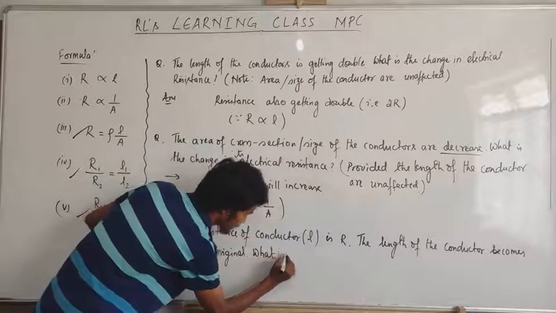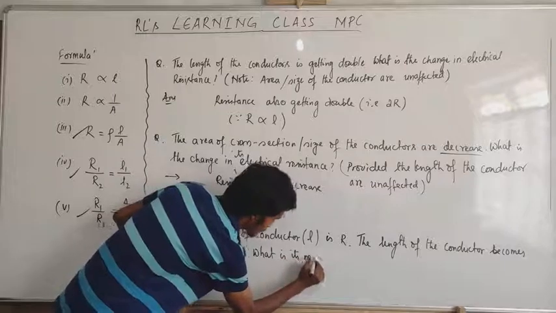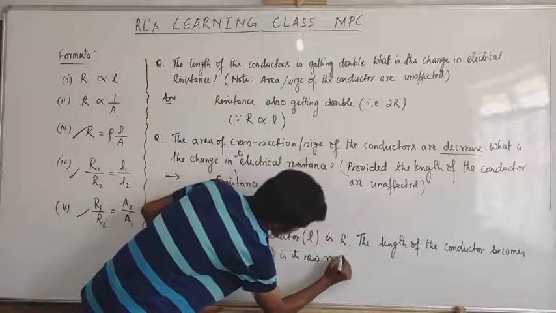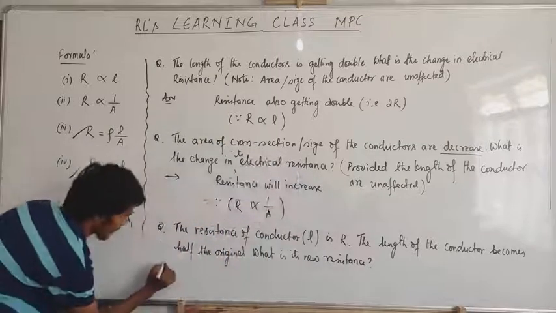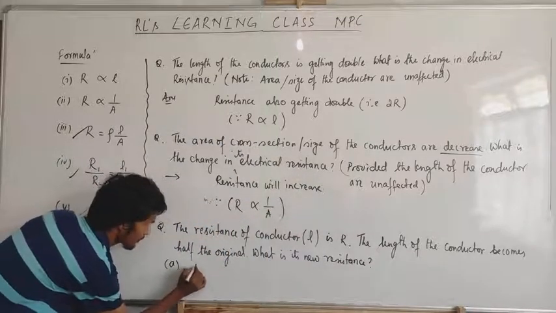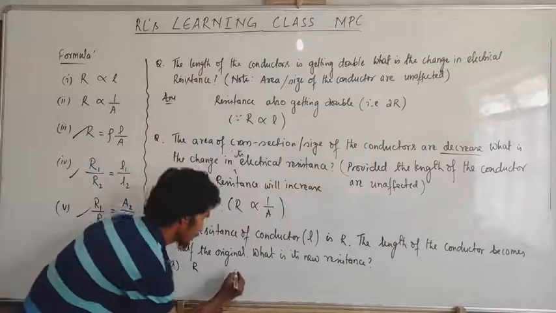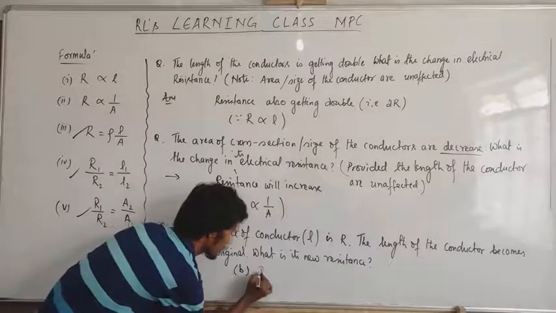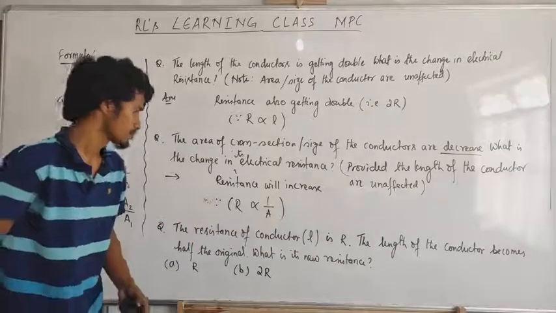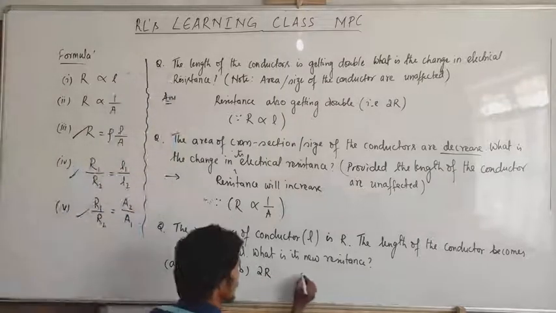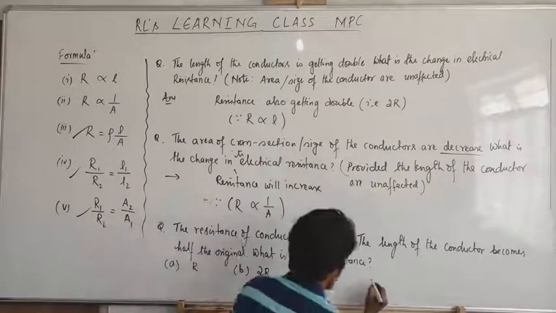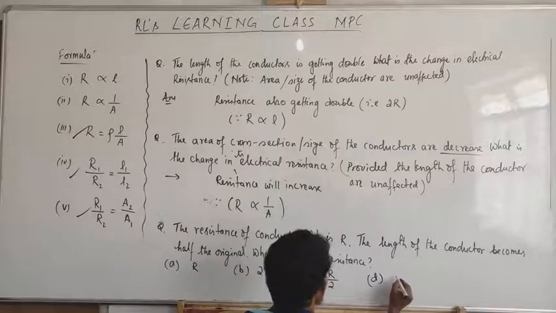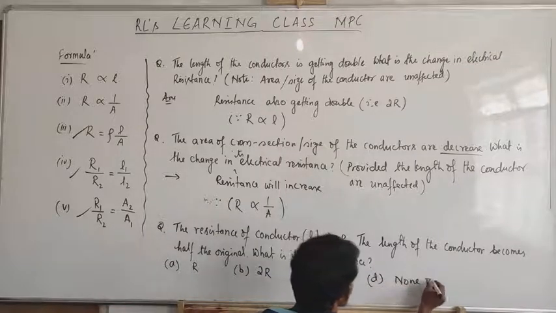What is its new resistance? Okay, answer will be option number A, R. Then option number B, 2R. Then option number C, R by 2. Then option number D, none of these.